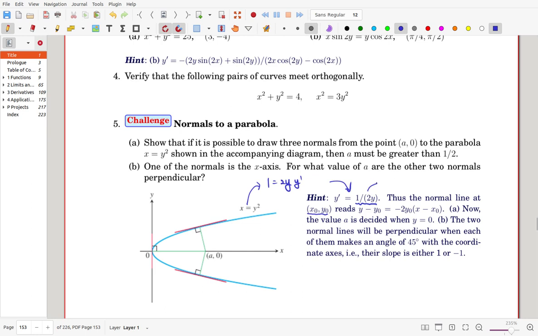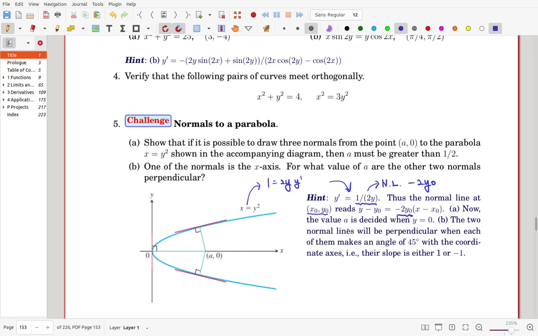But the slope of the normal line will be the minus reciprocal, which is minus 2y0, so that we have minus 2y0 times (x minus x0). Okay, now for that portion, we can decide a value when y equals 0.